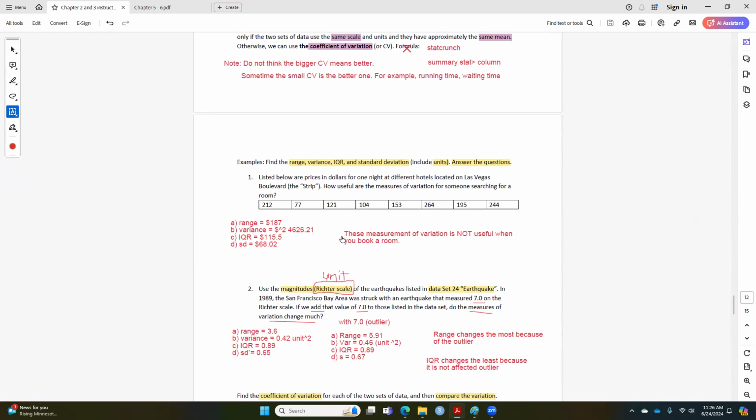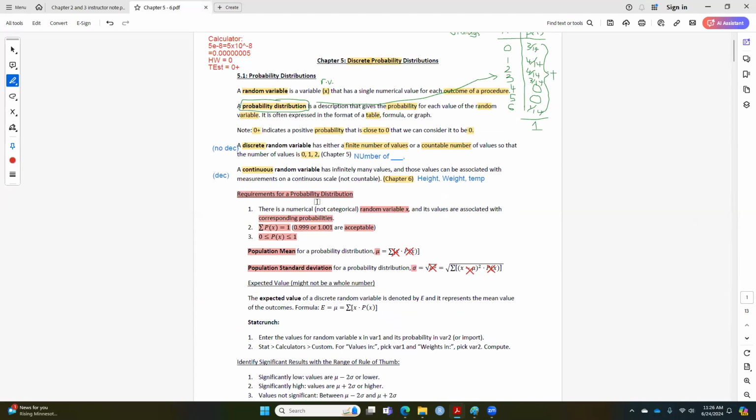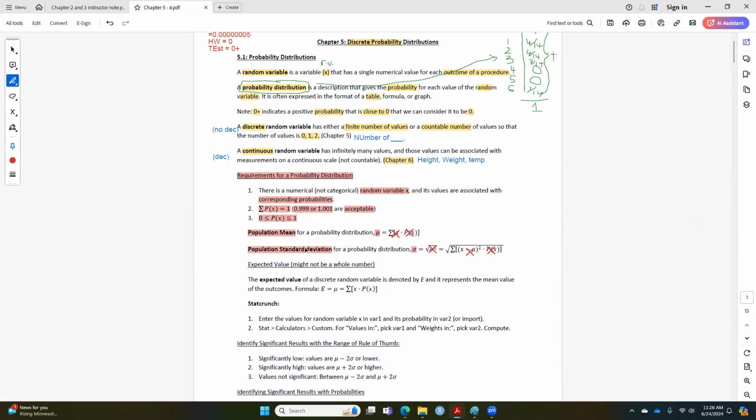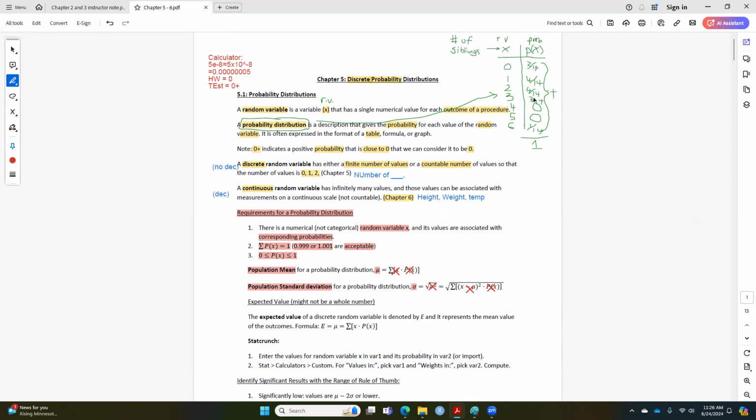Those were all samples. But when you do a random probability distribution, you don't find the sample; we find the population mean, which is called mu, and the population standard deviation, which is called sigma. So when you find the mean for a probability distribution, we are not finding it for the sample, we find it for the whole population, the whole group.